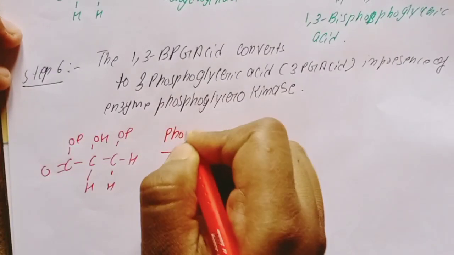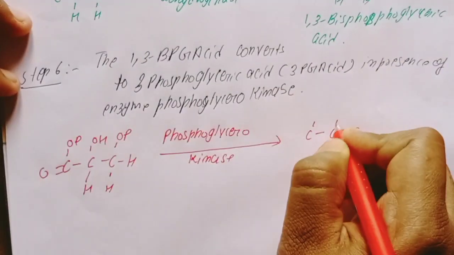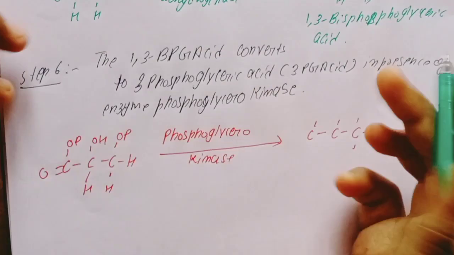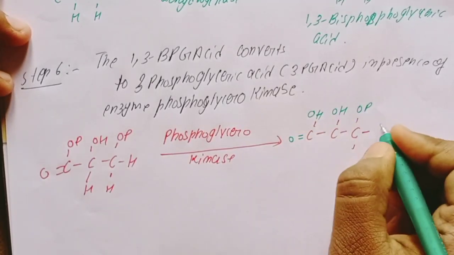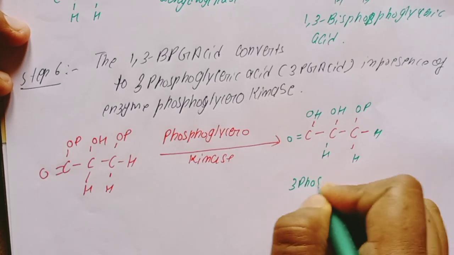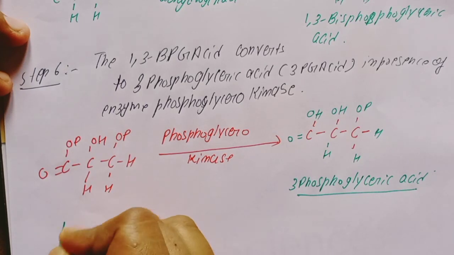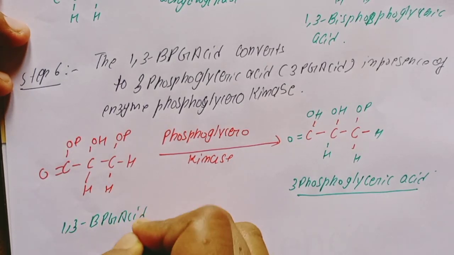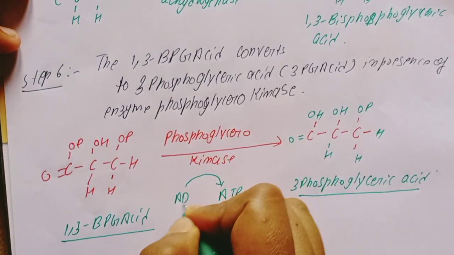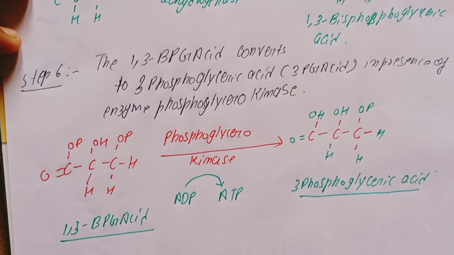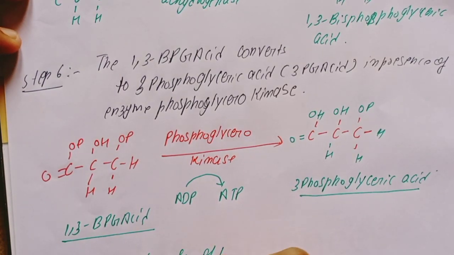In case of substrate level phosphorylation, synthesis of ATP or GTP occurs directly by transfer of a phosphoryl group from high energy substrate to ADP or GDP. This is the first payoff step in the glycolysis, where one ATP molecule we get, or rather we say two molecules of ATP.